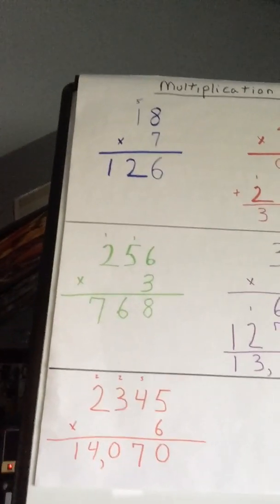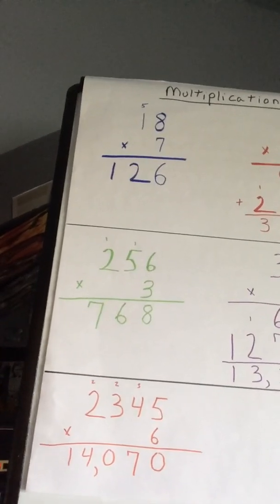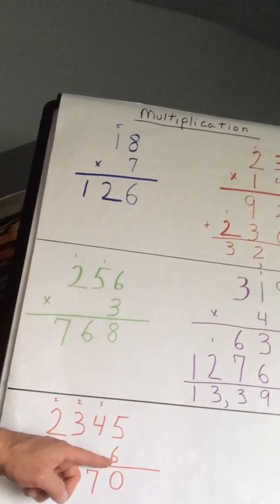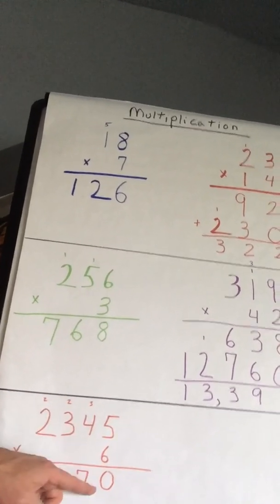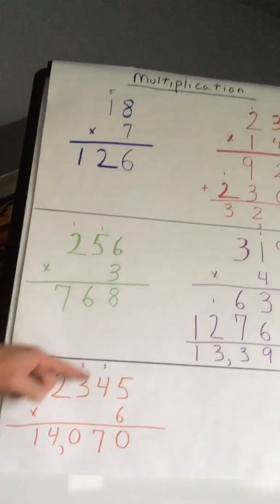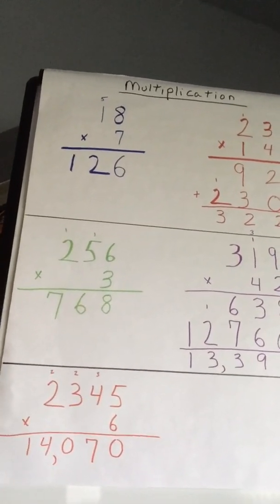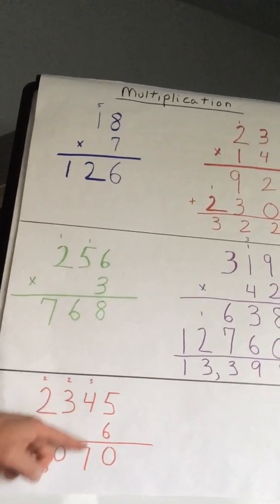Okay, now at the bottom here we have a 4-digit number times a 1-digit number. Once again, starting with our 1-digit, we start with the 1s column. 6 times 5 equals 30. Put down the 0, regroup the 3. 6 times 4, 24. Plus the 3 is 27.